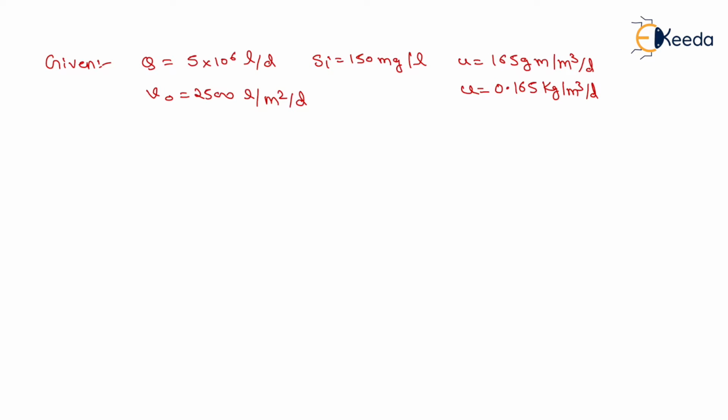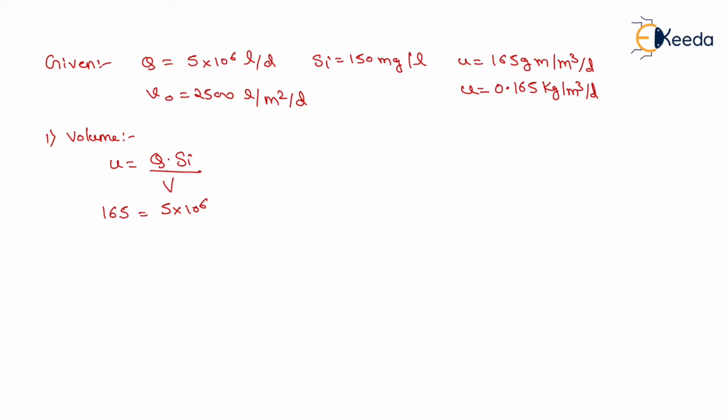Now first we need to determine the volume. For the volume calculation, we have only one formula in which volume appears, that is the organic loading formula, which is equal to Q into influent BOD divided by volume. We have the organic loading, the discharge as well as the influent BOD, so can we determine the volume from this equation? Definitely. It is 165 gram per meter cube per day, and the discharge is given as 5 into 10 to the power 6 liter per day.